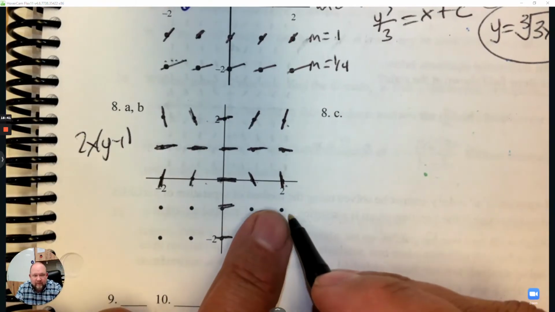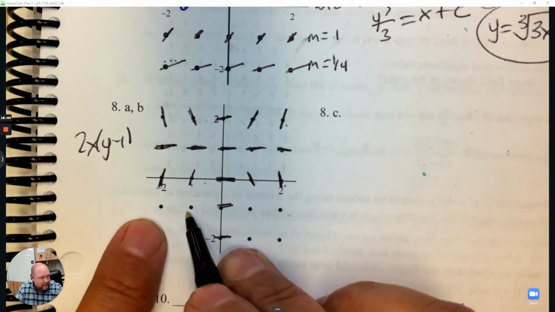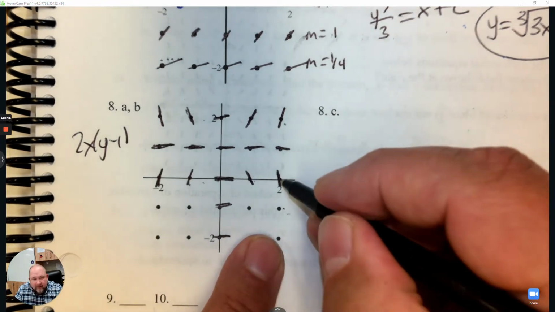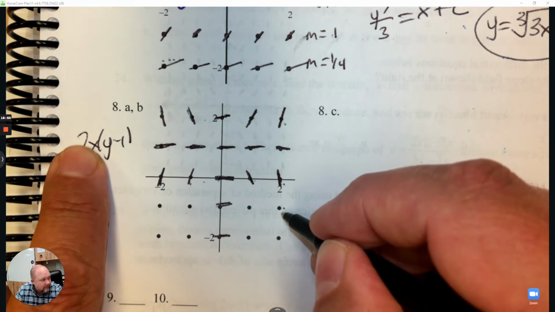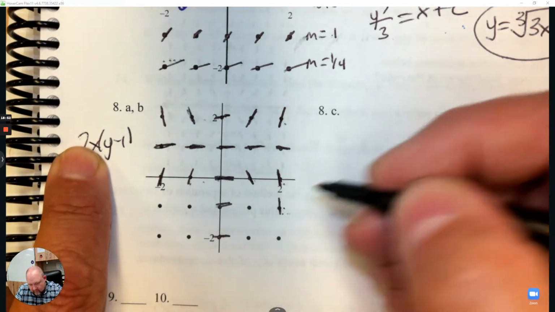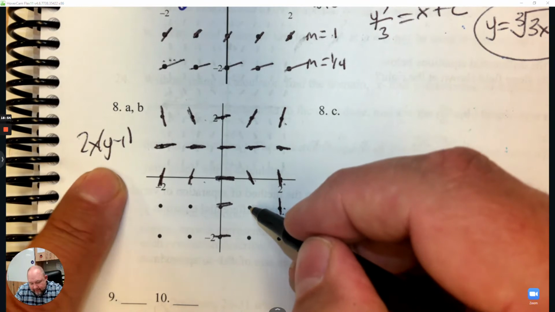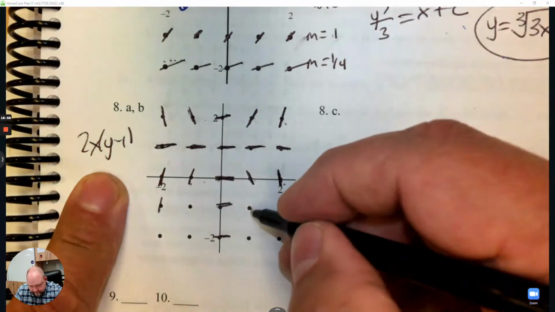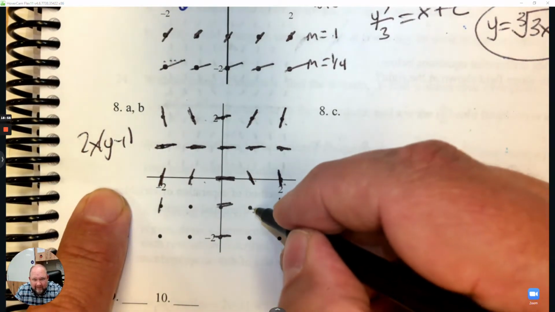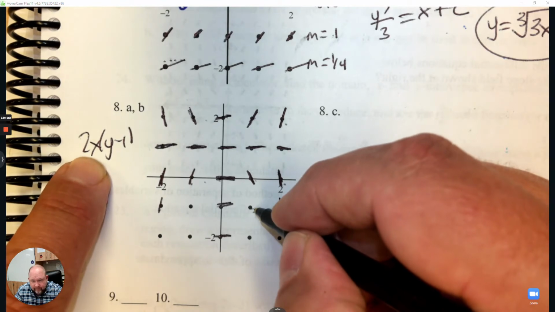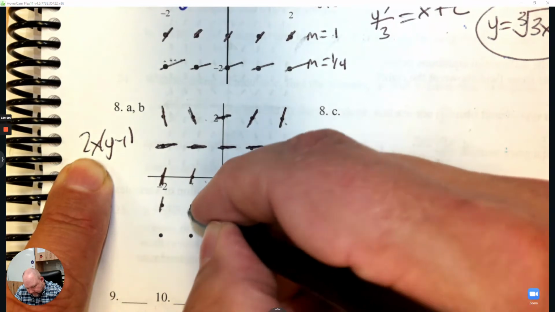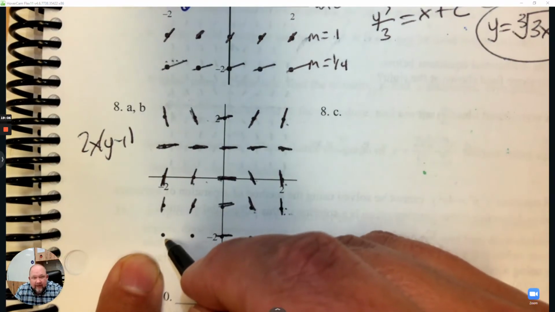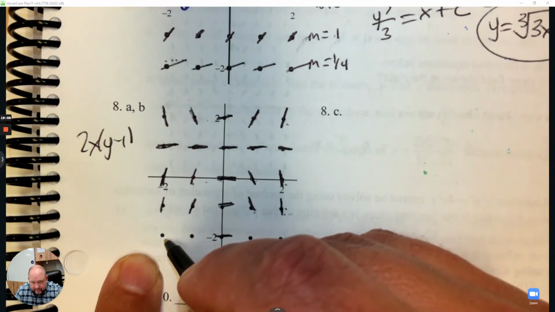So if I find these slopes, these are the same but negative on the other side. 2 and -1. And this one will go the other way. 1 and 2. -2 and 2.